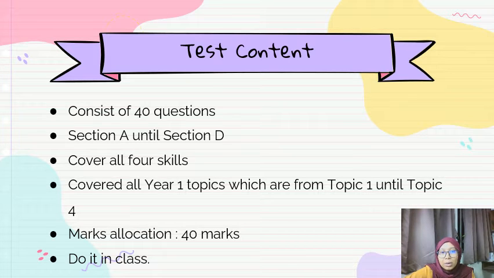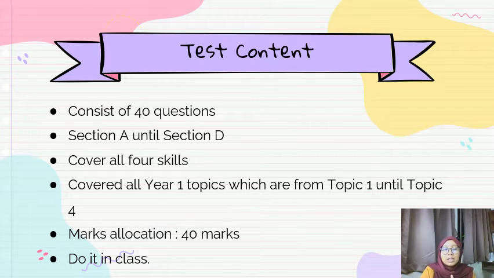And then the topics that I have covered for this summative assessment are all topics that the year 1 students need to learn, which are from topic 1 until topic 4, based on Supermind textbooks.